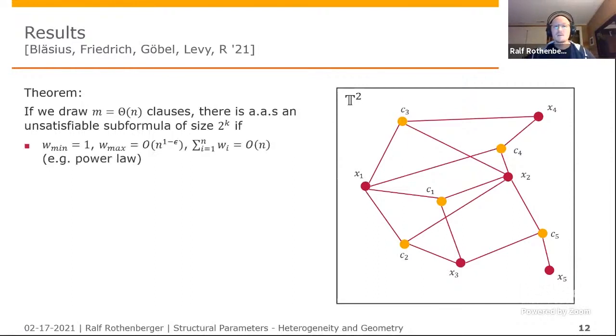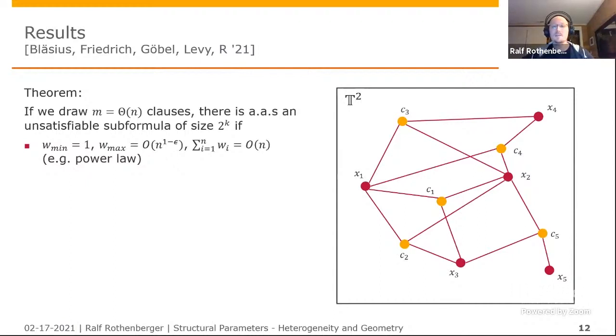And this also holds if the weights of the variables are heterogeneous. So if we have these conditions, which essentially say the maximum weight shouldn't be too high, and the sum of the weights should be linear in the number of variables. So this could also mean that you have a power law distribution.